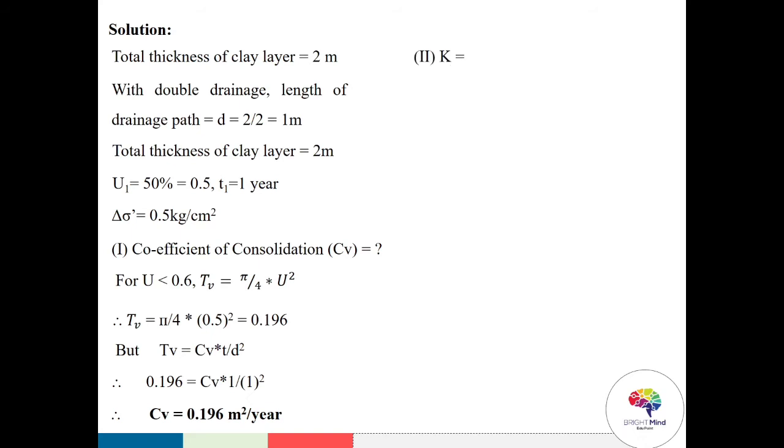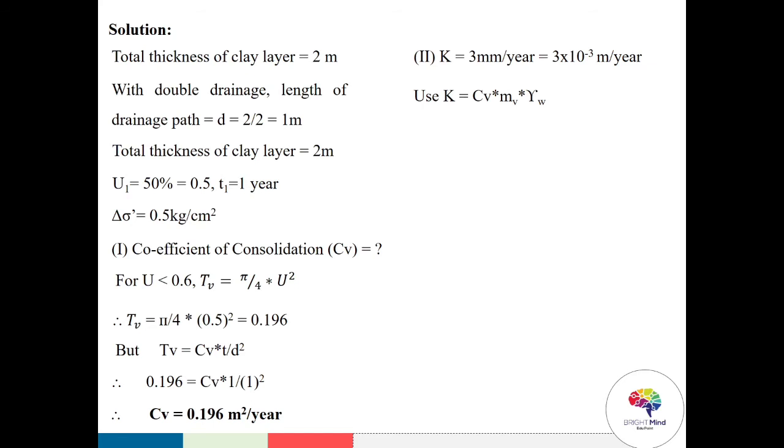Moving on to the next part, in which the coefficient of permeability is given as 3 mm per year. If I convert it into meters, it comes out to be 3 into 10 raised to minus 3 meter per year. In this case, I have to find out the settlement. So we know that K is equal to CV into MV into gamma W. This expression was also used in the previous example, just the terms are rearranged here.